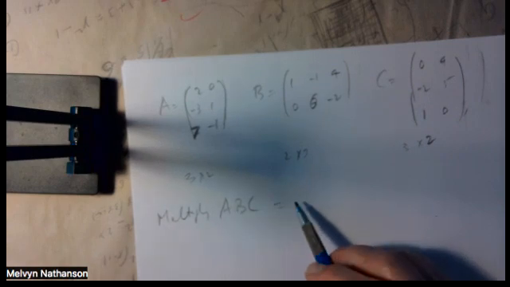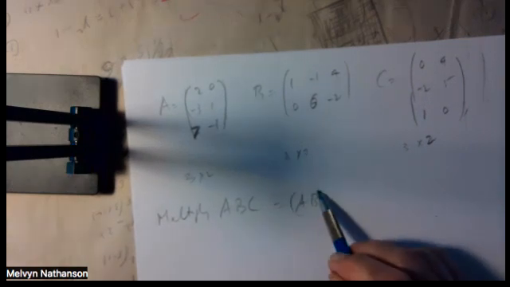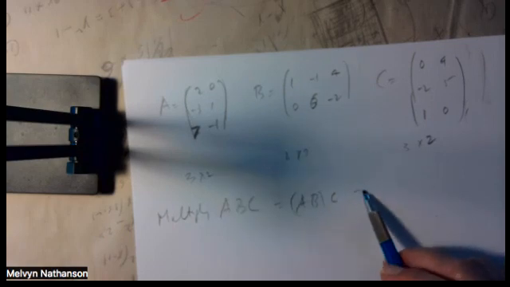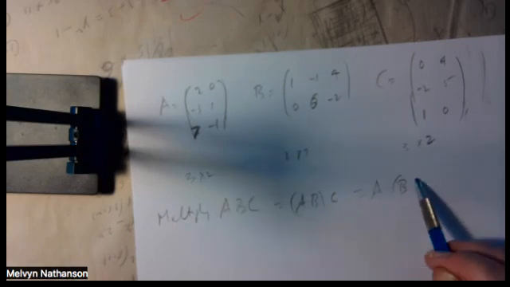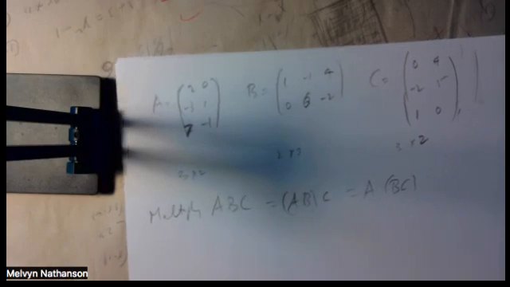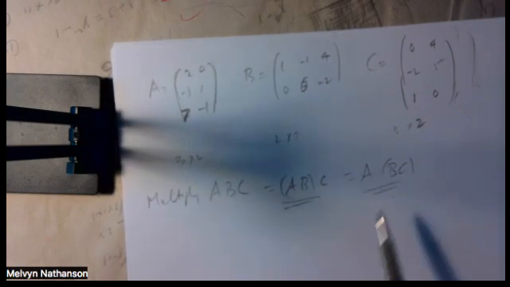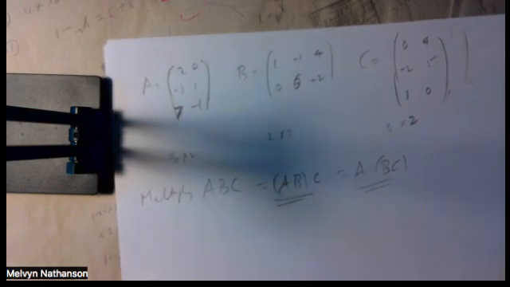And you can do it in either order because matrix multiplication is associative. You can multiply A, B, and then C. Or you can multiply A and then BC. In fact, it's really kind of interesting to do both. Let's calculate both of these and see if they're the same.